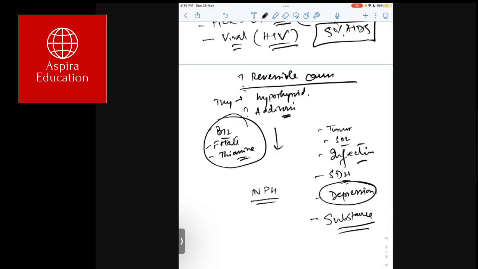Normal pressure hydrocephalus, to some extent, is also treatable. Another important area is syphilis. So neurosyphilis can also cause dementia, and we can treat that to some extent. So these are the factors we need to identify first of all. Suppose we are not getting any reversible cause, then we have to check for the irreversible cause.